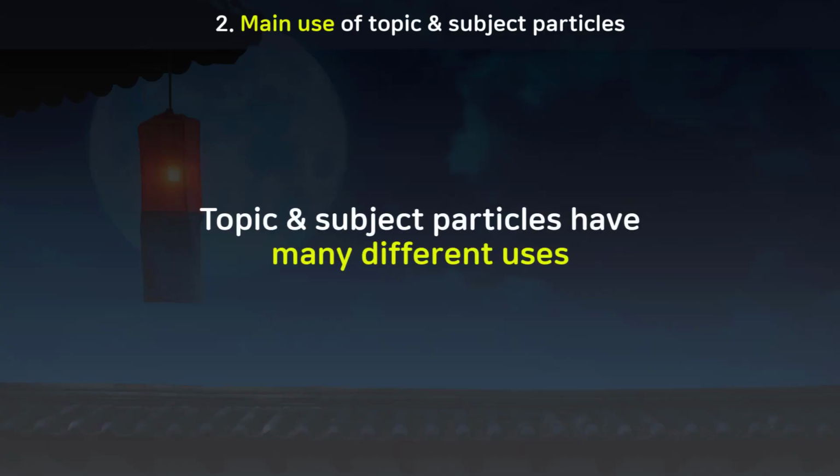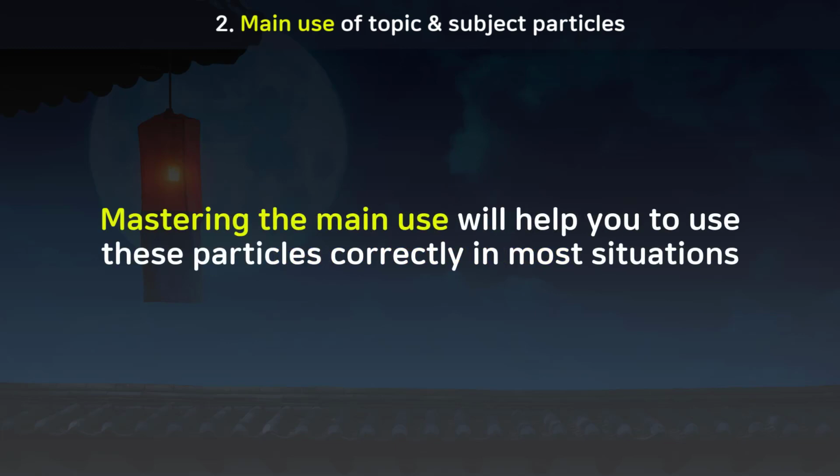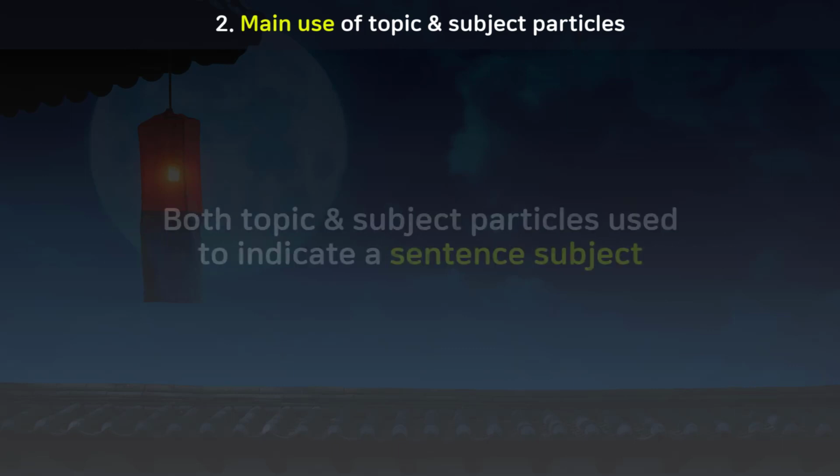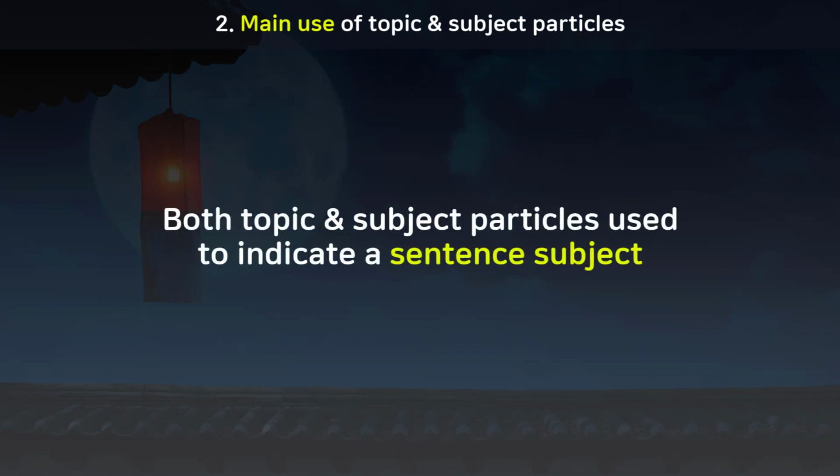Now, the most difficult aspect of learning these particles is that they have many different uses. However, while they are used in many different ways, there is one main way of using these particles. And mastering this main way will allow you to use these particles correctly in most situations. Now, both topic and subject particles can be used with sentence subjects, but whether we use one or the other depends on which parts of a sentence you want to focus on.